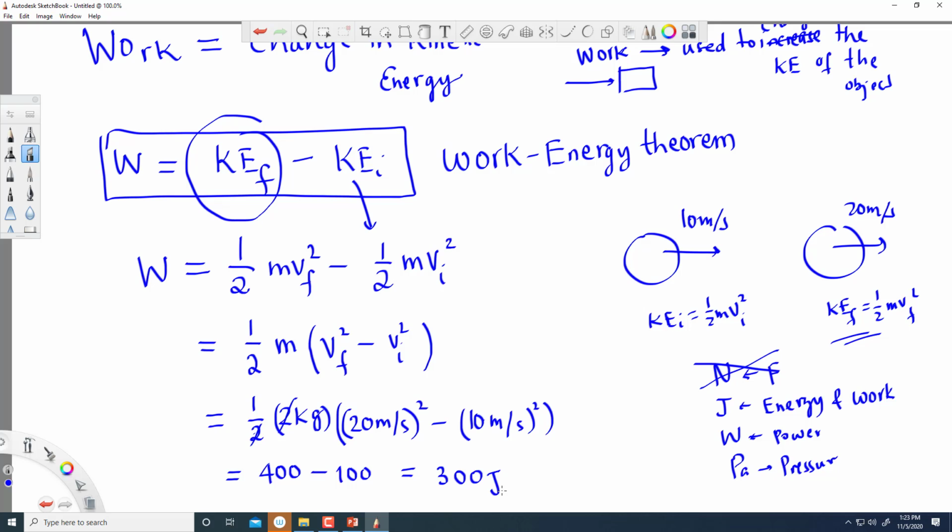Now let's go back to number 5. Number 5 is pretty straightforward because it's just using the potential energy formula. Any question on this one before we move on to number 5?